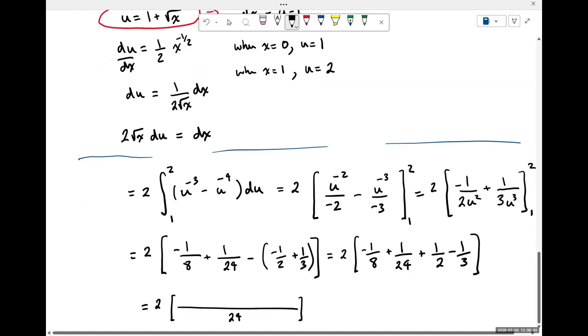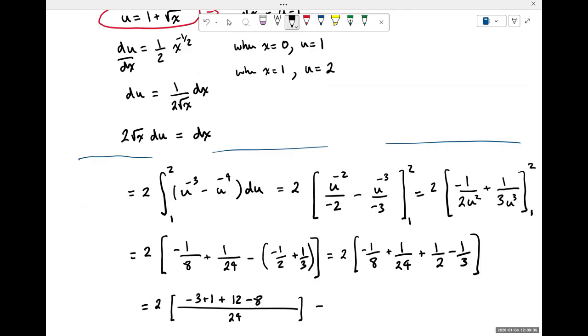So this would be minus 3 plus 1 plus 12 minus 8. So what is that? 4 minus 3 plus 1 is 2, so that gives me 1/6. That is the right answer. Woo! Okay.